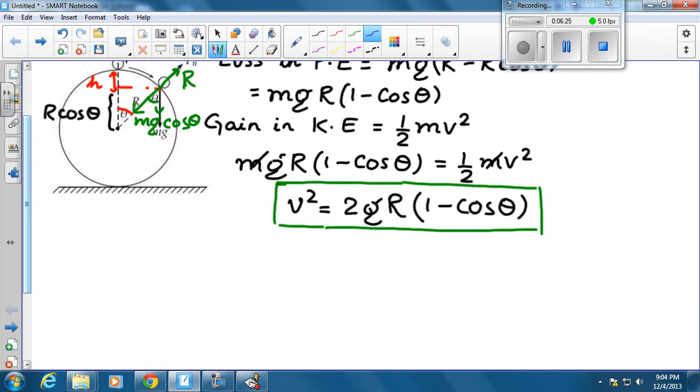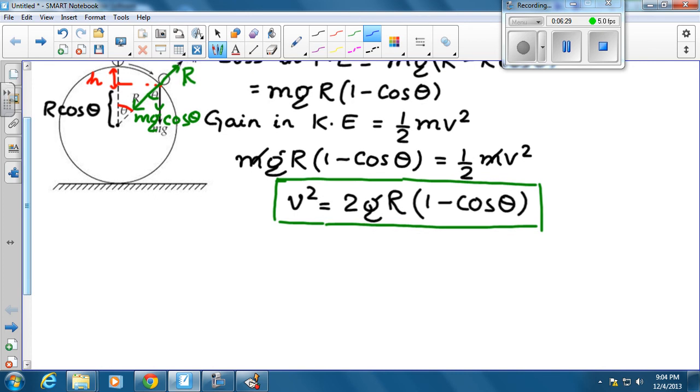Let's first calculate what the net force acting here is. The net force would be mg cos theta minus R, and that would be equal to mv squared over r, because that's the force along a circular motion.